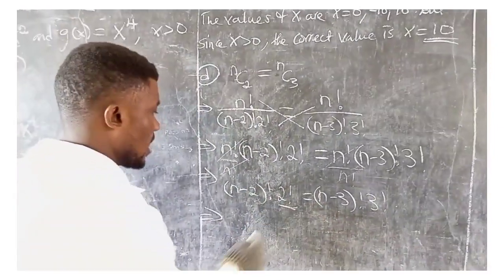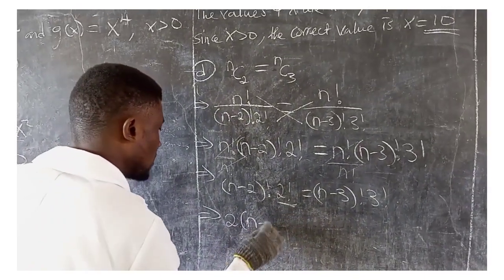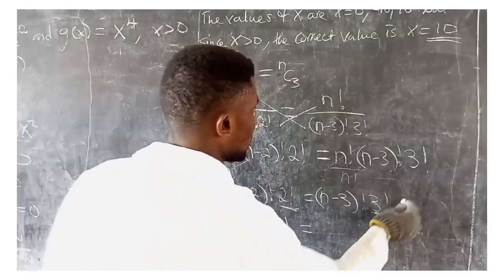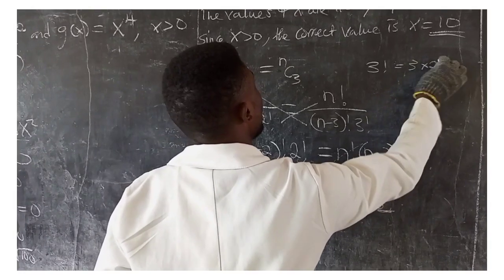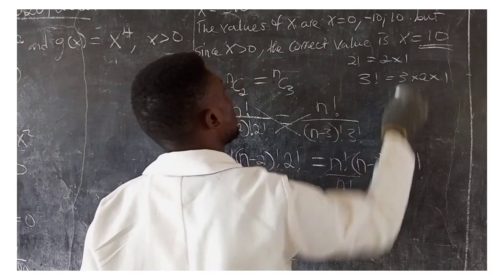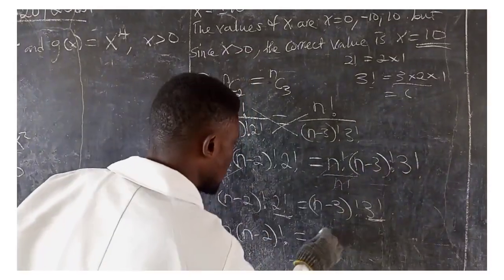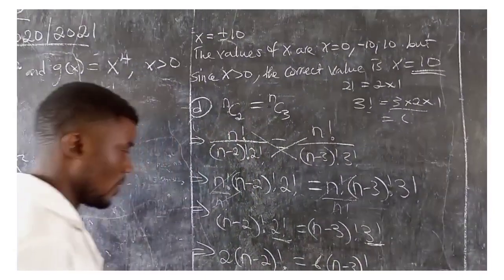But 2 factorial is just 2. So we have it is 2 times n minus 2 factorial, which is equal to, and 3 factorial. 3 factorial is 3 times 2 times 1. 2 factorial is 2 times 1. So you see that 3 factorial is 6. So this is 6 into n minus 3 factorial.